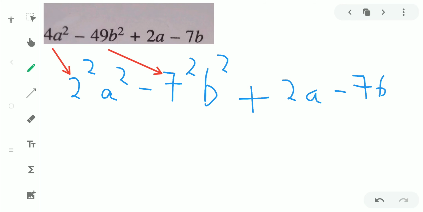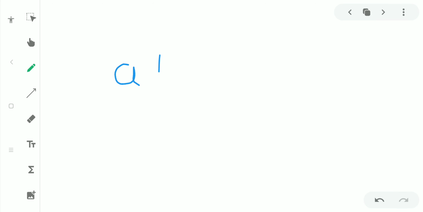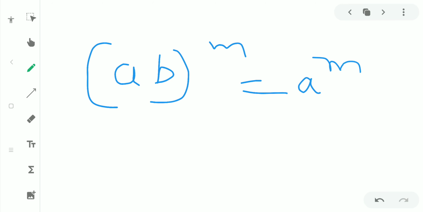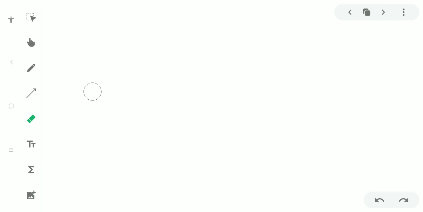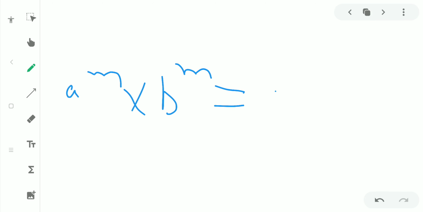Now we will be using again the formula ab whole power m is equal to a power m into b power m. I am just reversing it. We can also reverse it. So a power m into b power m is equal to ab whole power m.